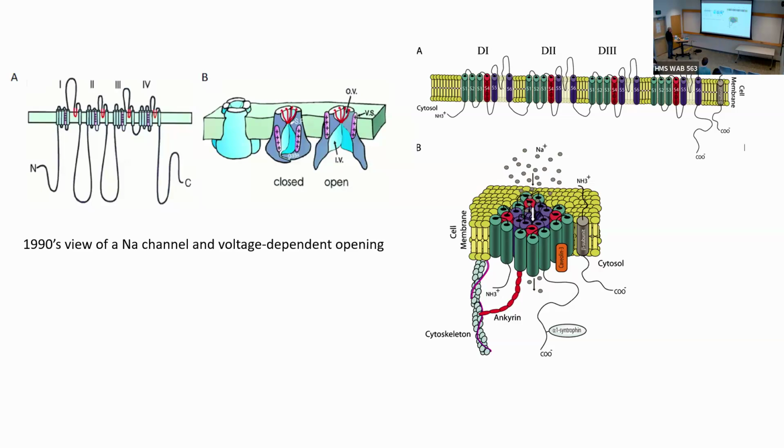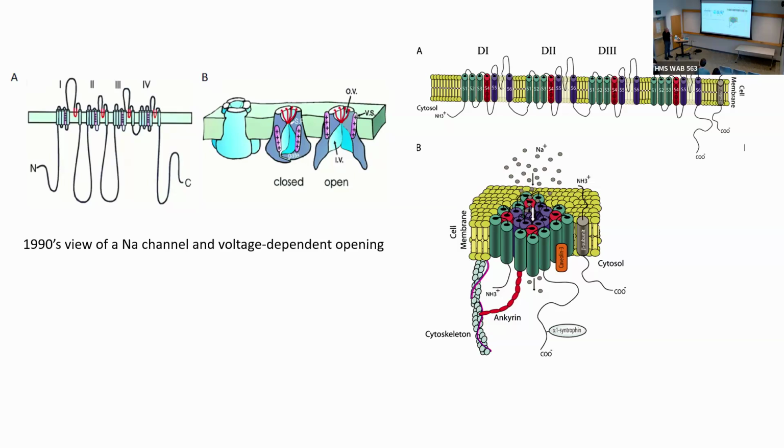And at that time, you could make guesses from the amino acid structure of the channel about what pieces were likely to be transmembrane. You could test that by putting labels on the inside or the outside, and ultimately come up with models for the structure of ion channels.